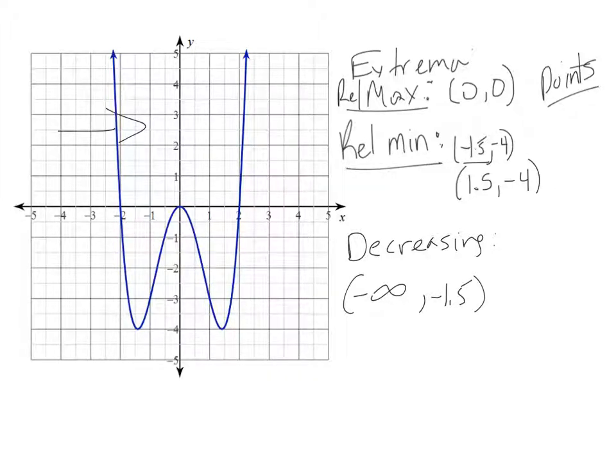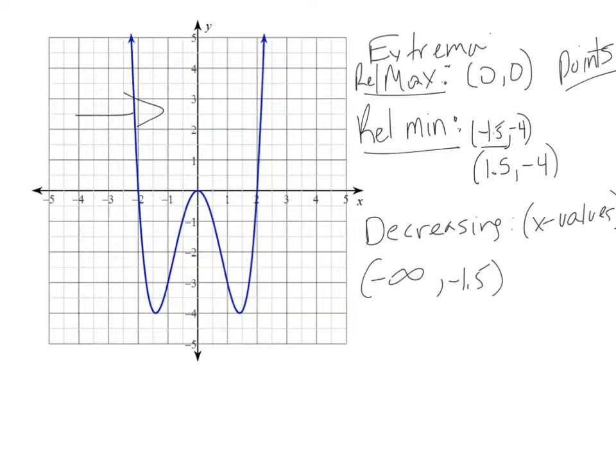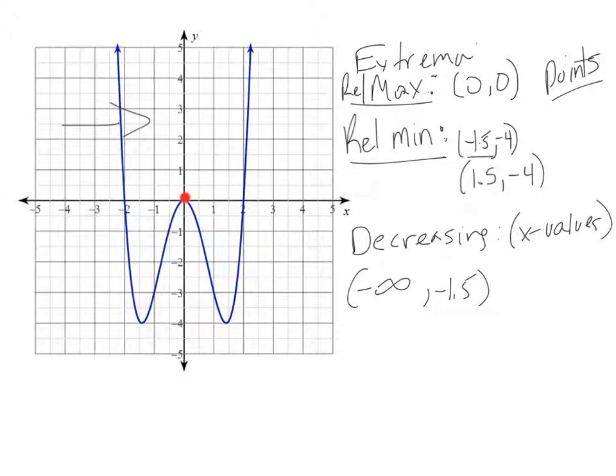We're always using our x values. What are the x values where the graph is going down? Where f of x is going down. So where else? Well, it's going up right here, so it's going down from here to here. Again, x values. So union 0 to 1.5. Remember, always your x values.